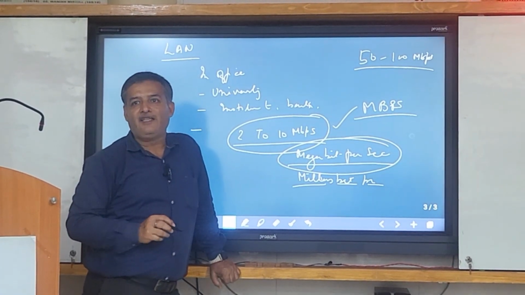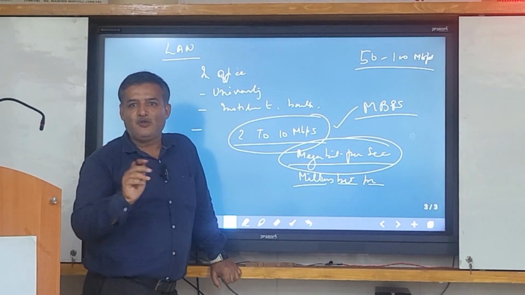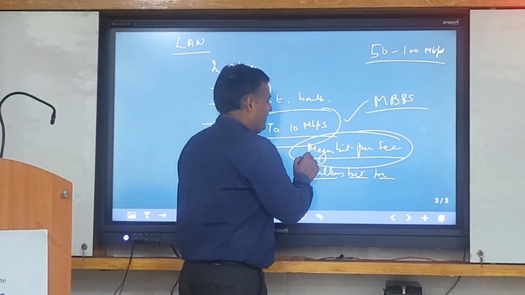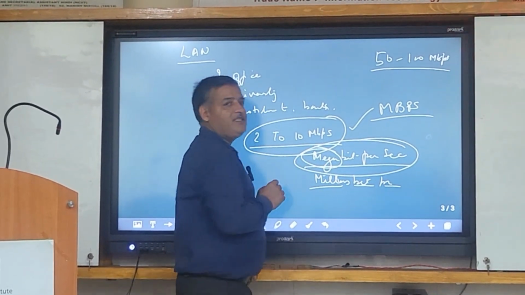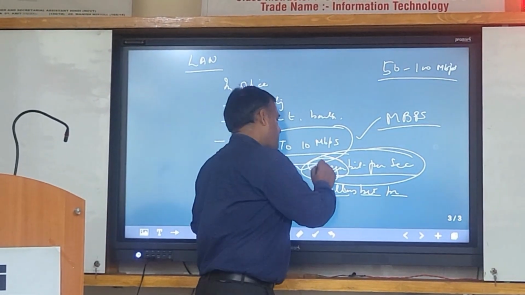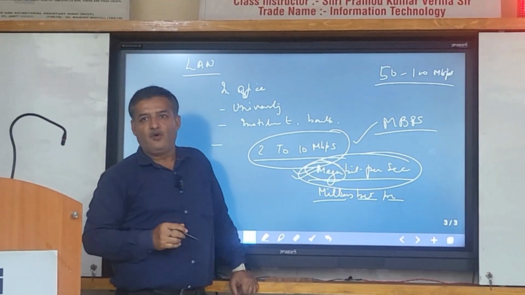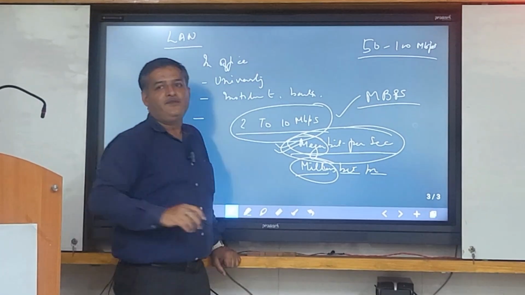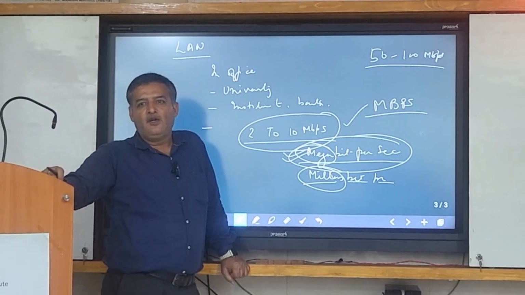Fundamentally, mega and million have no difference, but as far as computing is concerned, the word mega is more appropriate. So usually book writers use mega, but I have also observed that some writers have used the word million there.